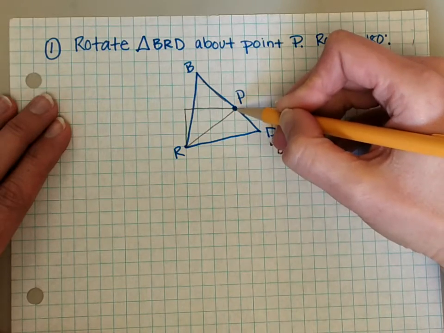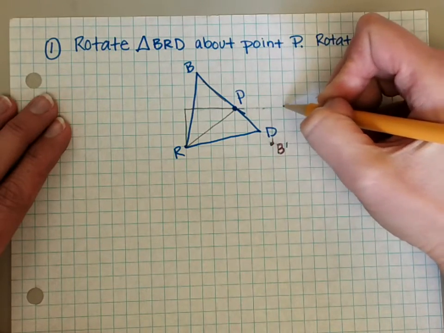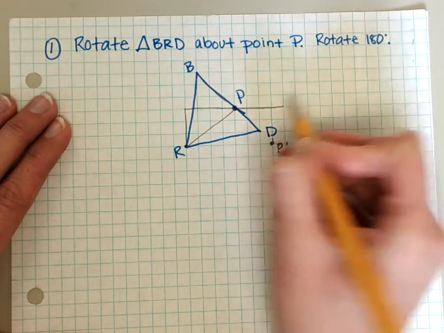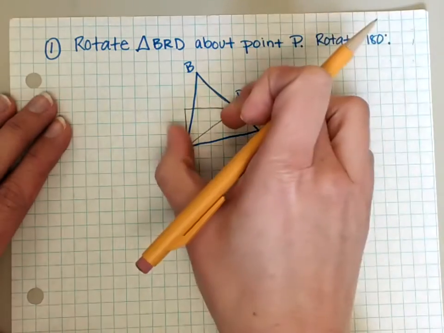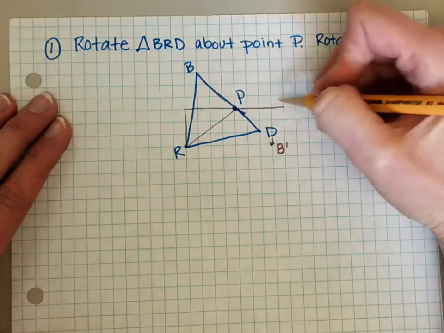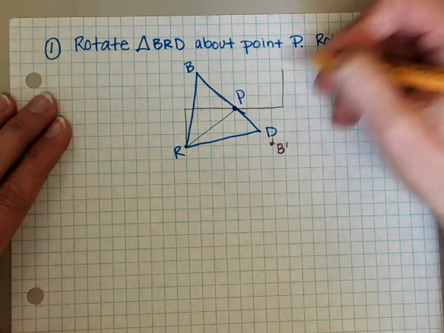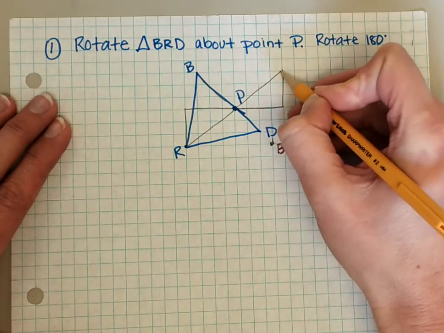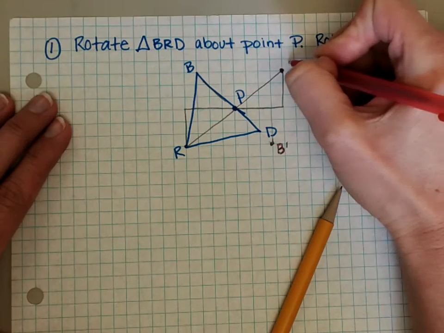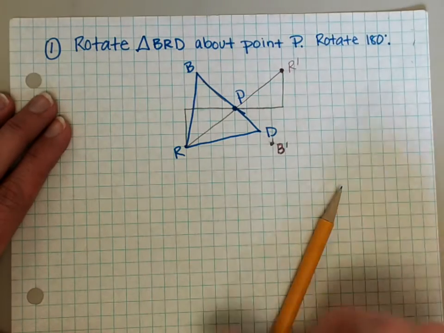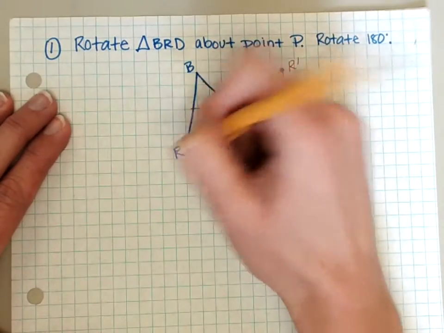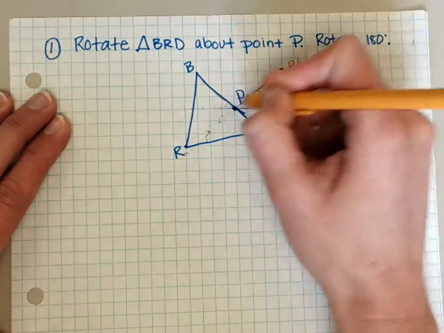So if I go one more, 1, 2, 3, 4, that would be a 180-degree rotation. Now on this one it's a little tricky because you're rotating this direction. So I know my height is 1, 2, 3, so I'm going to go up this way, 1, 2, 3. The point right here is R prime, and I'm going to erase all of my other pencil markings.